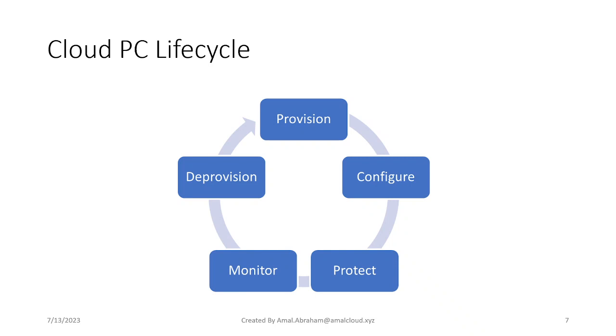So you will again use Intune and Defender or your EDR solution to protect your Cloud PC. The next thing you need to do is continuous monitoring, right? Intune gives you that facility to monitor, and there is custom alerting available in Intune where you can set up alerts for some of the Windows 365 scenarios.